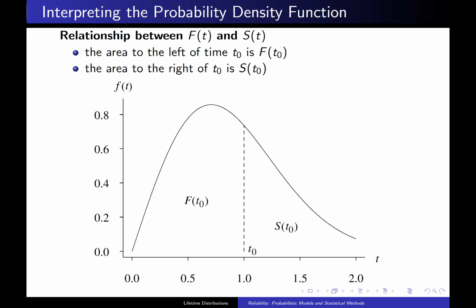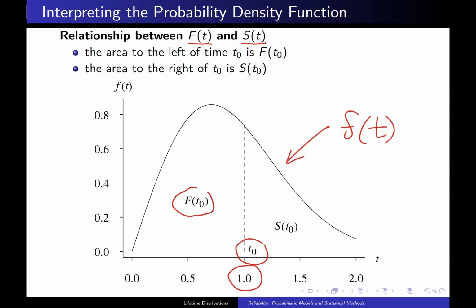One last thing is to interpret the probability density function, and here is a probability density function f of t, and here is the relationship between that probability density function f of t and the cumulative distribution function capital F and the survivor function capital S. If you choose an arbitrary t0, and in this case you can see t0 has been chosen to be 1, then the area to the left of time t0 is capital F of t0.